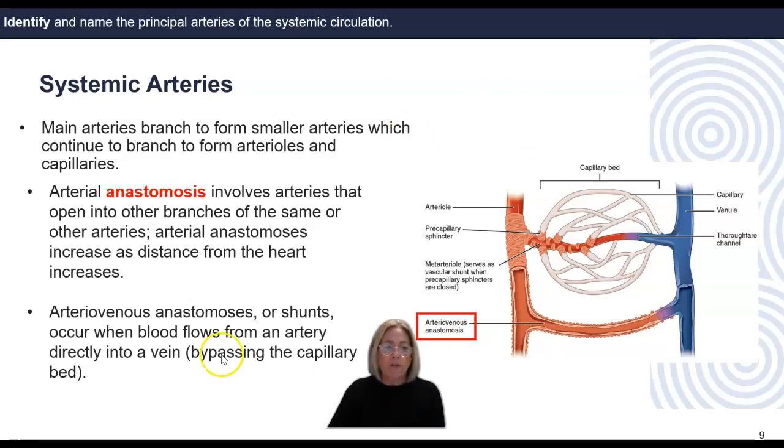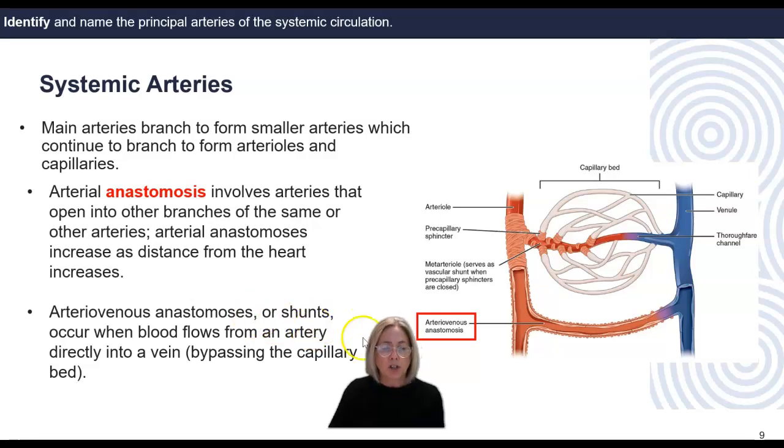You could also have an arteriovenous anastomosis, which is what you're looking at here, and this acts as a shunt, right? It occurs when blood flows from an artery, or an arteriole, directly into a small vein, and therefore bypasses the capillary bed altogether.